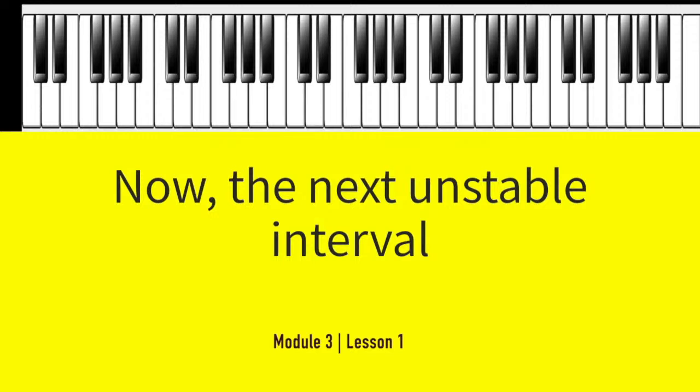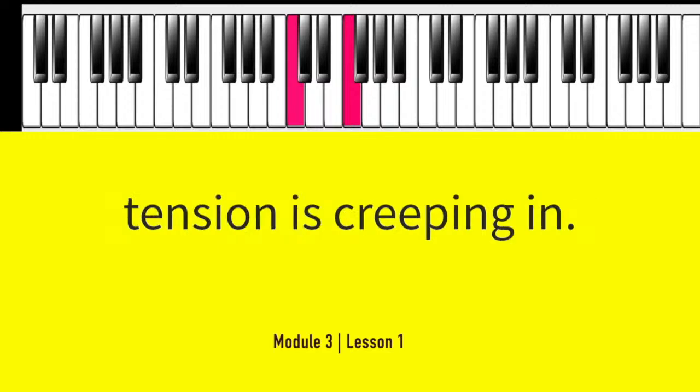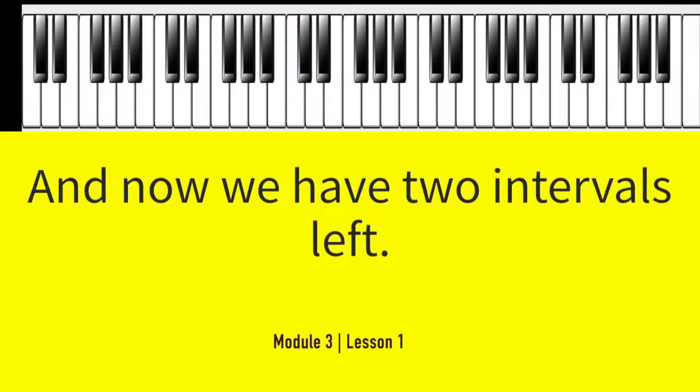Now, the next unstable interval in our sequence is the fourth. You can hear more and more tension is creeping in, and we want to resolve into the third. And now we have two intervals left.